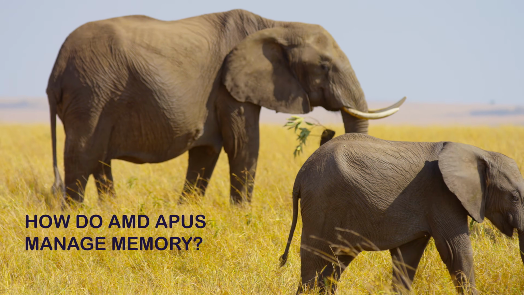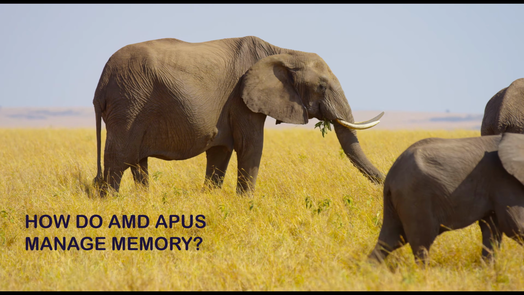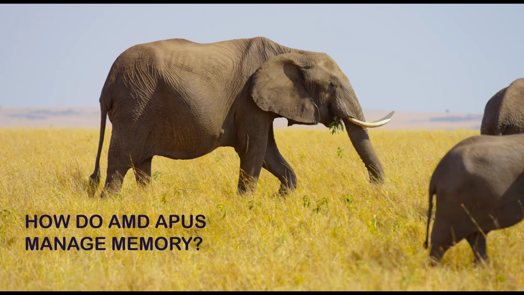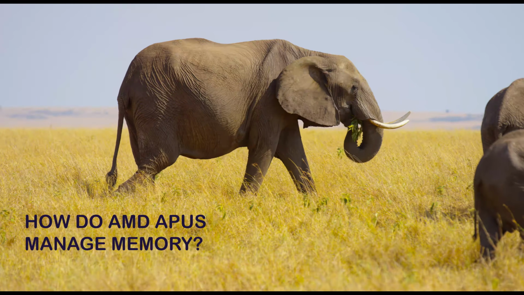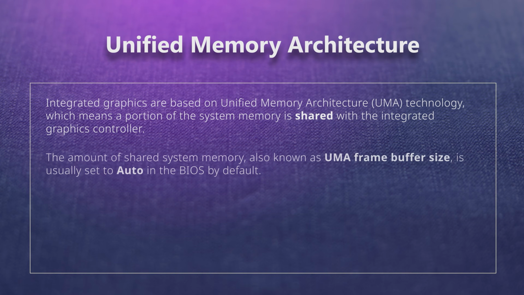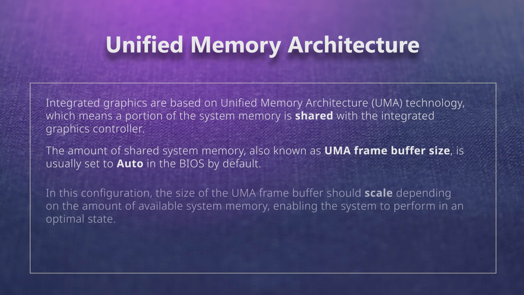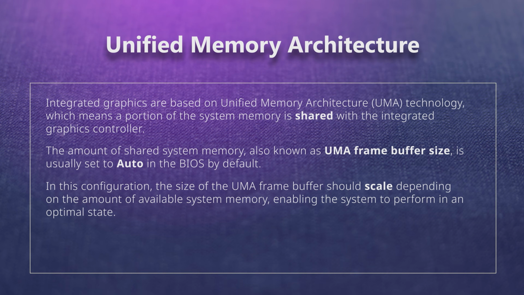To understand how all of this works, let's take a look at what AMD have to say about what they call their unified memory architecture. Now, this video really only relates to modern AMD APUs, and we already know that their graphics processors share some of the system RAM with the operating system.